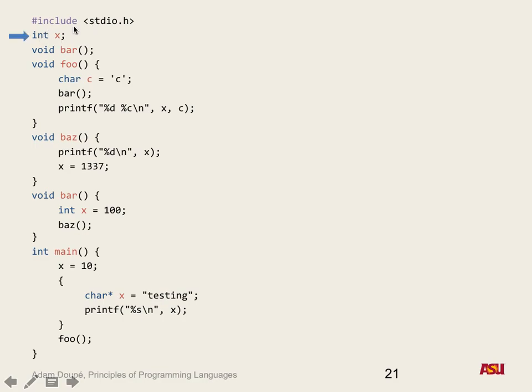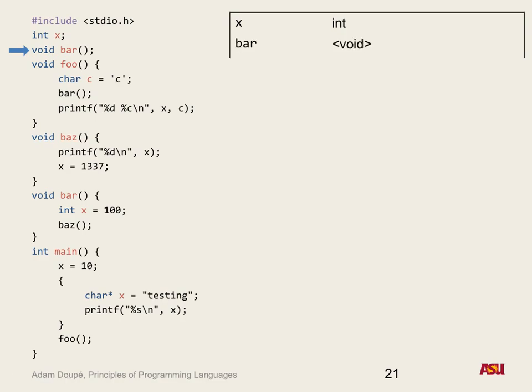So we see, aha, in the global scope, there's a name called X, and it happens to be an integer, right? You can't really see it now, you'll see it later, but this is a table with 3 columns. The first one's the name, the second one is just the type information, the metadata, and the right one is the value, the actual value that that variable holds. So then here we look at bar, and we say, okay, bar is a function. It takes in nothing and returns nothing.